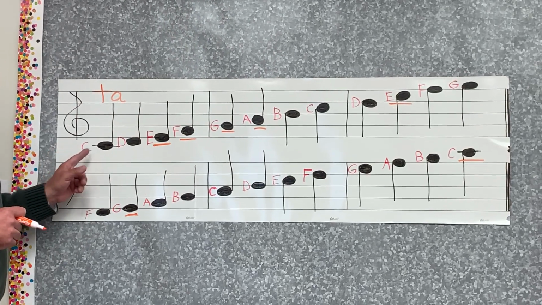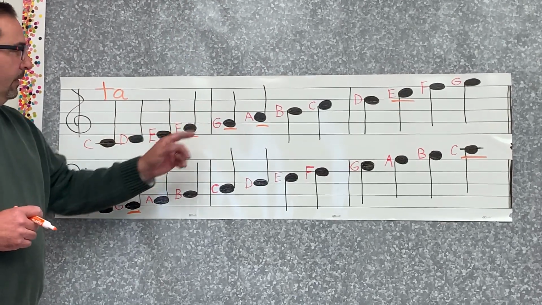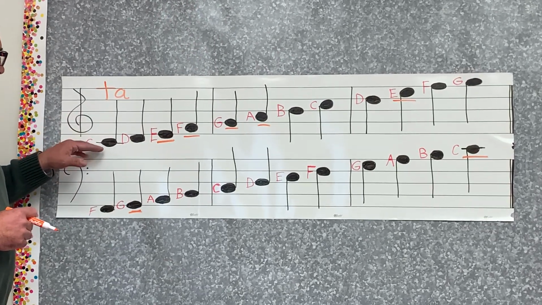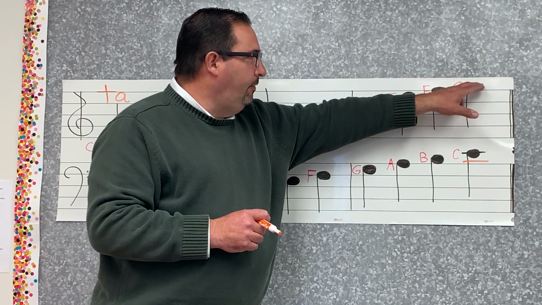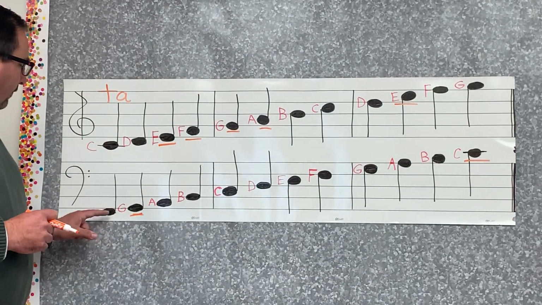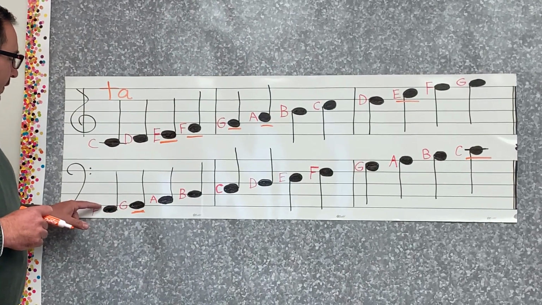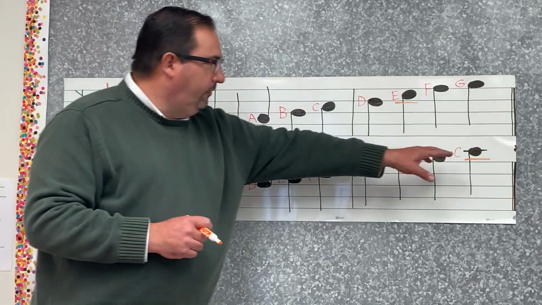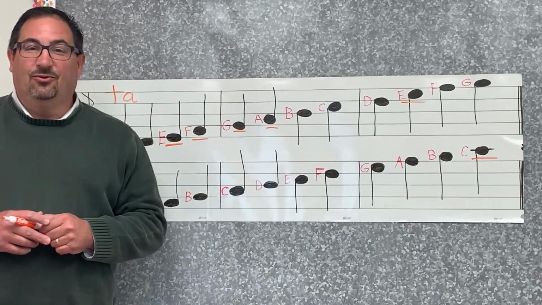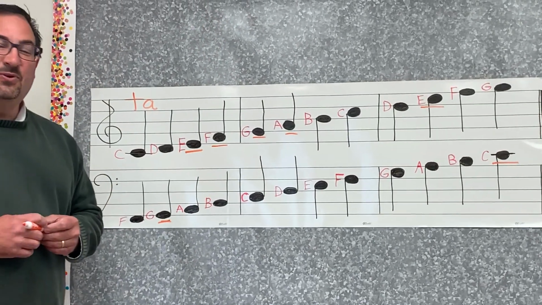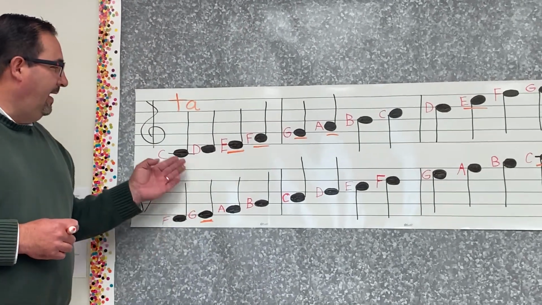And we have the names of all of our notes. In the treble clef, from middle C to the G on the top of the staff, and in the bass clef, from the F below the first line back to middle C. It's a lot to go over in a very short period of time. But thank you very much.